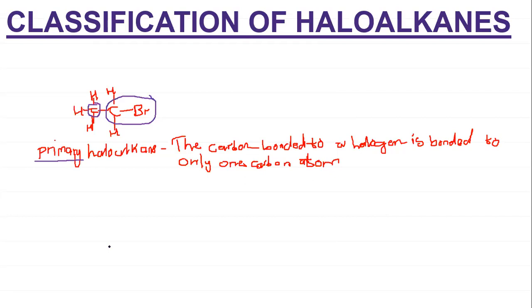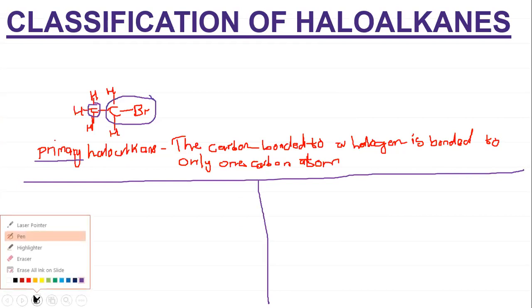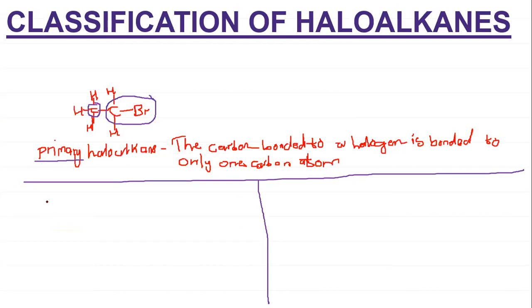Now, what does this mean? It means that when I'm talking about a secondary haloalkane, then the carbon that is bonded to the halogen must be bonded to two other carbon atoms. Right. Let's do a secondary haloalkane. Right, back to my red pen. There we go. So now, let me say I ask you to do for me a secondary haloalkane.